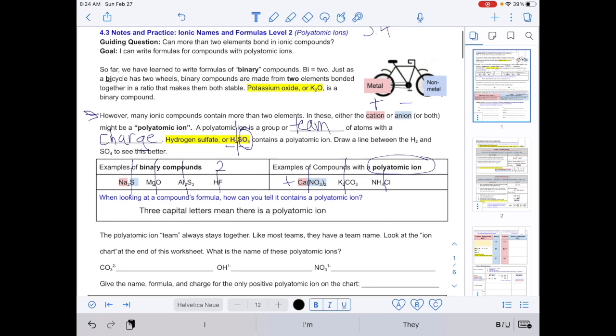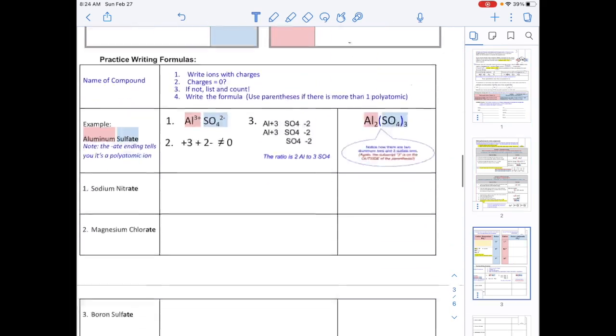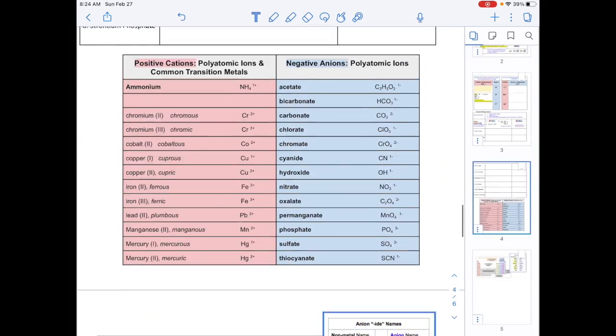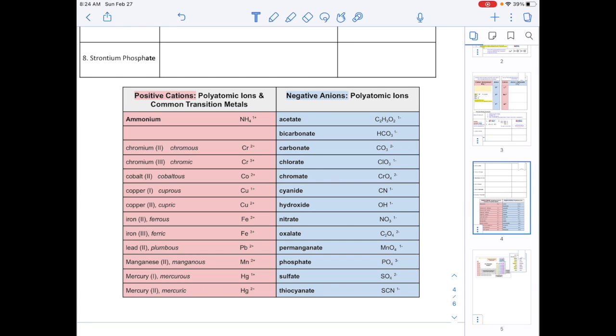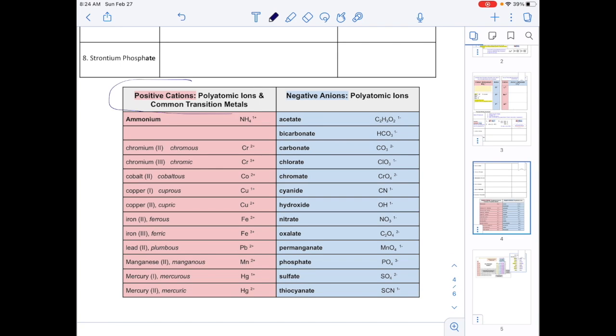So I'm going to look for CO3, OH, NO3. Okay, I'm going to look down here. Now here is our polyatomic ion chart, this pink and blue one. On the left side, we see that it says positive ions and common transition metals.